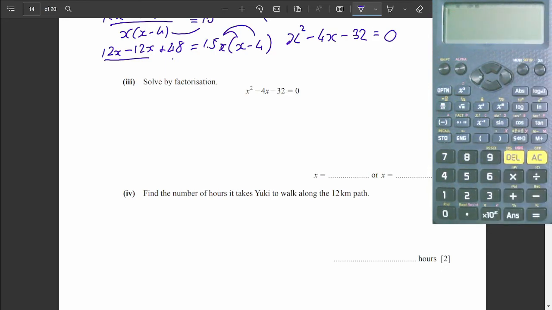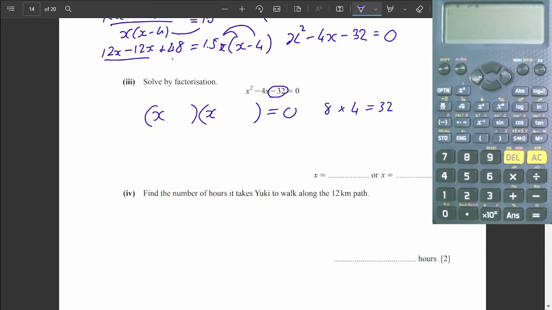Remember now, when we make two brackets to factorize, we'll put an x there and an x there. And the two last terms, when we multiply them together, we need to get minus 32. So think of two factors of 32. What springs to mind is, let's say, 8 and 4. 8 times 4 is 32.